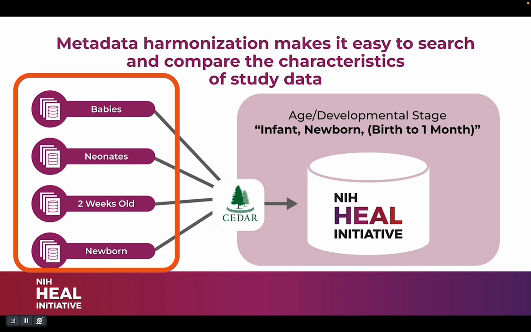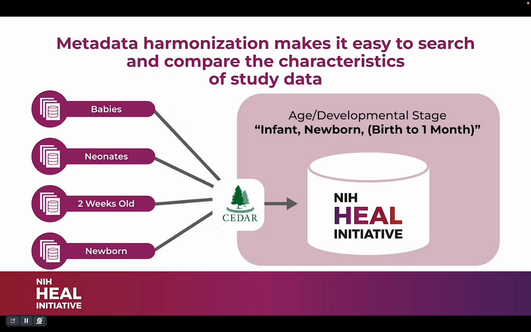However, each uses a different term to describe the population. If you wanted to find studies with a neonate population, it would be difficult to identify all of these in a simple search. Metadata harmonization unifies the terminology to infant, newborn, birth to 1 month. So a search within the HEAL platform could specify this population and pull out all 4 studies.